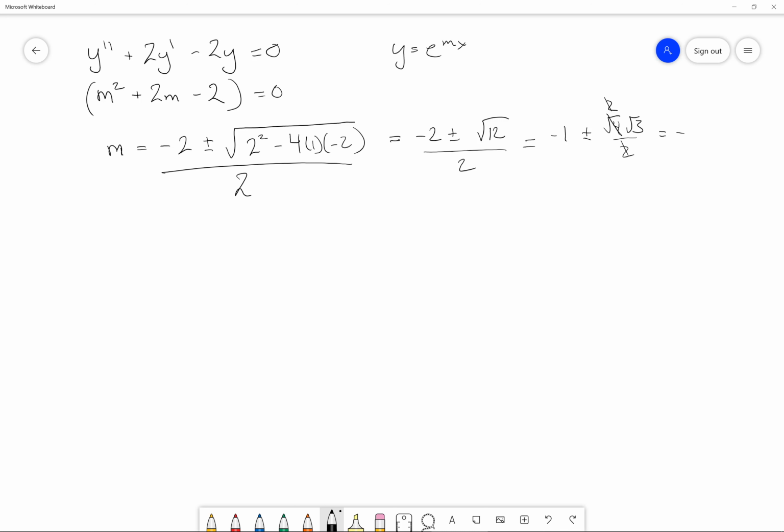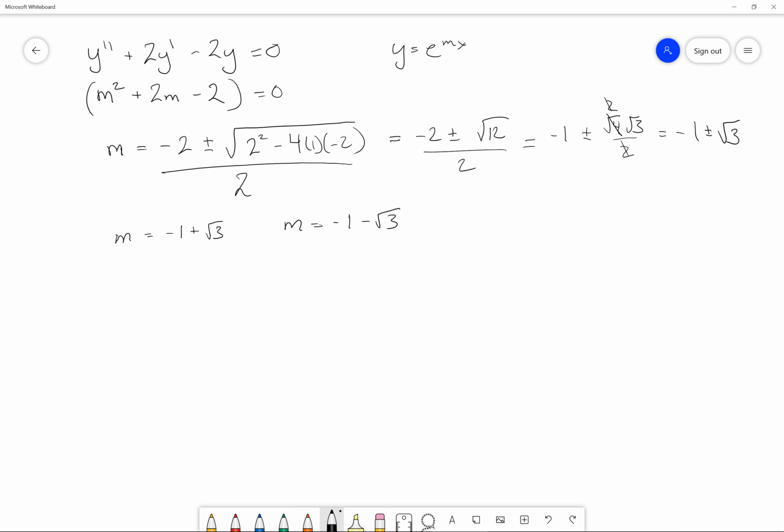And we get minus 1 plus or minus root 3. So that's m. These are our eigenvalues: m equals negative 1 plus root 3, and m equals negative 1 minus root 3.